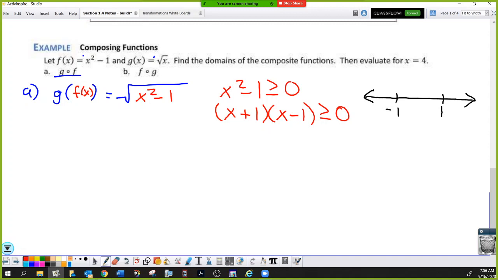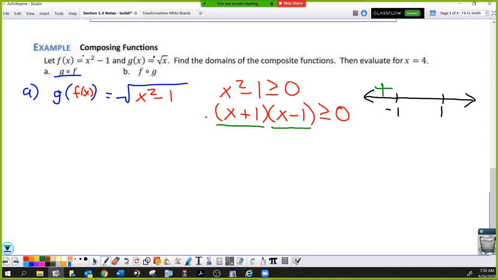And you just test your zones. So let's plug in a number, and when I say plug in, I mean drop it in these parentheses just to see. Let's plug in a number smaller than -1, like -2. If I plug in -2 here, I get a negative number, and here I get another negative number. And when I multiply those two negative numbers, I'm going to get a positive result.